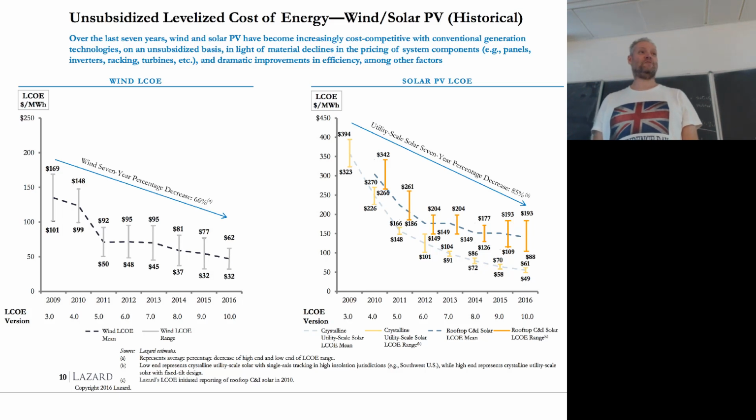That is, they become almost competitive without subsidies. So at the moment, wind and solar still need subsidies, but what we see in the offshore market at the moment is that people are bidding for 4 cents a kilowatt hour offshore in 10 years' time. That's cheaper than gas.